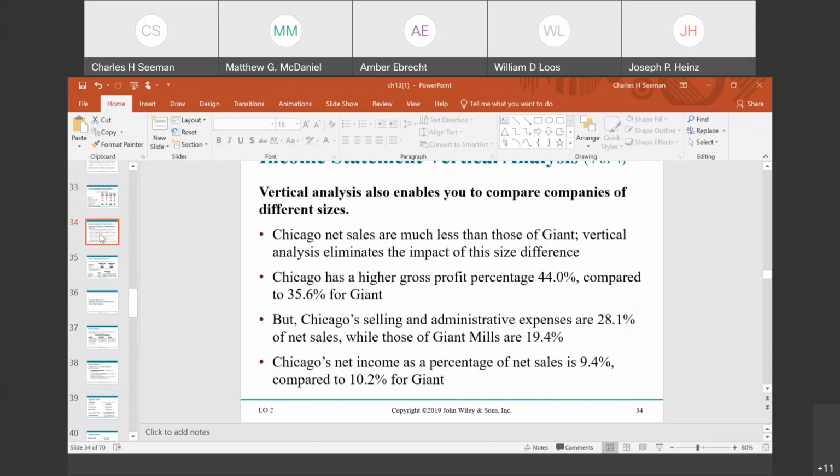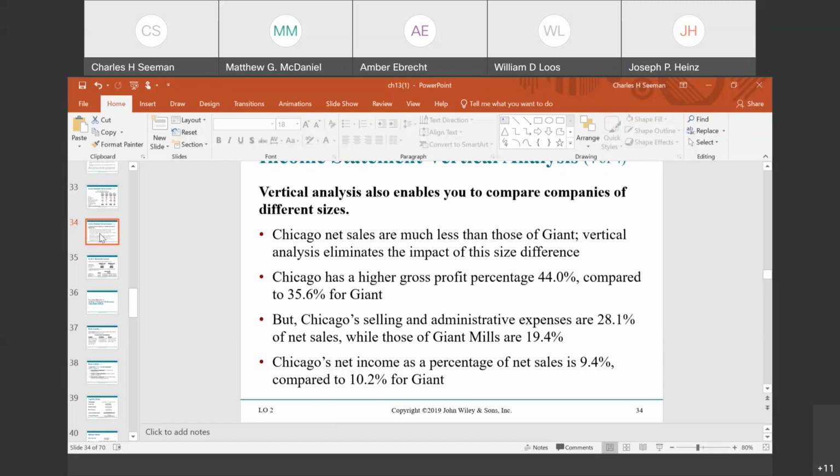Okay, so we've discovered some things about Chicago. Net sales are much less than those of Giant. Vertical analysis, common size analysis, eliminates the impact of these size differences. Chicago has a higher gross profit percentage, so that would mean that their production process is more efficient because it's costing less as a percentage of every dollar generated to produce its product than Giant is to produce its product.